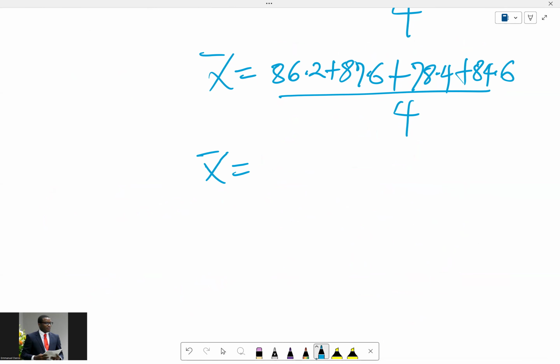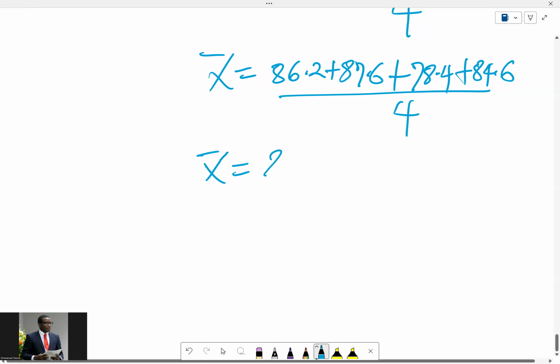So X bar, which is the overall mean, let's do that and see what we get. We are dividing by 4 now, mind you. So we have 86.2 plus 87.6 plus 78.4 plus 84.6.